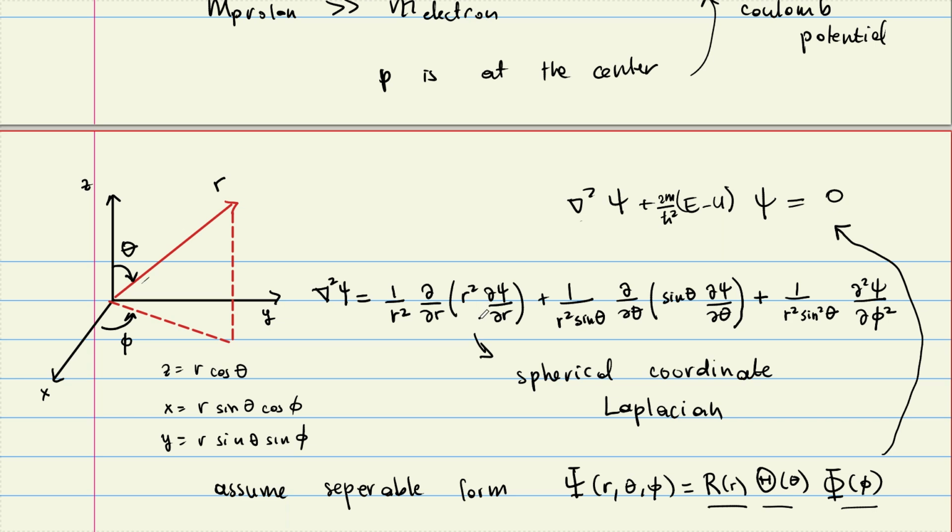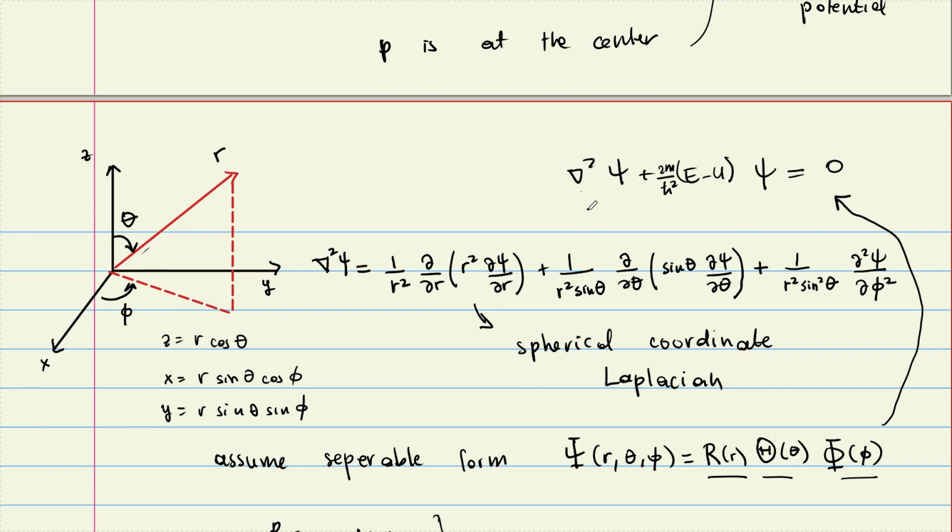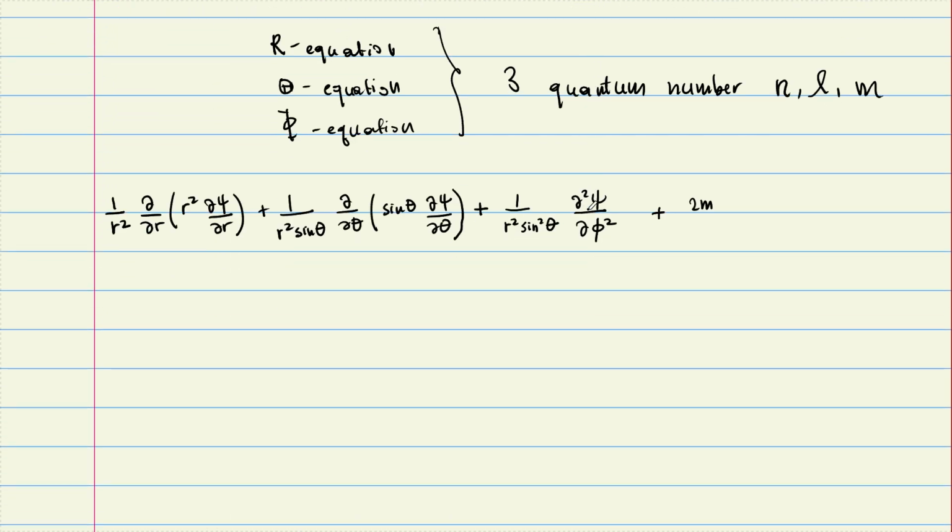Now I have only the Laplacian, right? Because the difficult term is this, I wanted to isolate it in this form. Then this is going to be 2m over h bar squared times E minus U times psi is equal to 0.